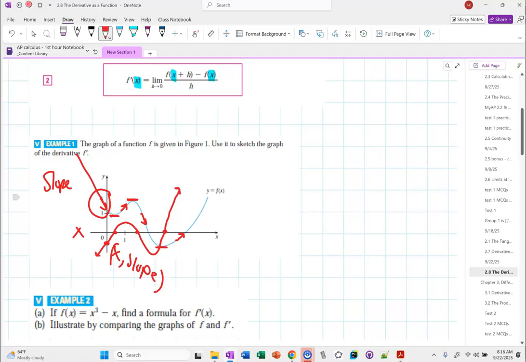So when I plot the derivative, it should be x comma a negative value. So it should be below the y-axis. The slope of the derivative will not be related to the slope of the function. The y-coordinate of the derivative will be related to the slope of the function. That does it? Okay, good.